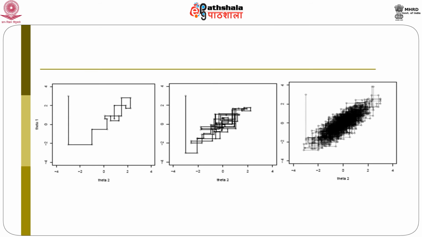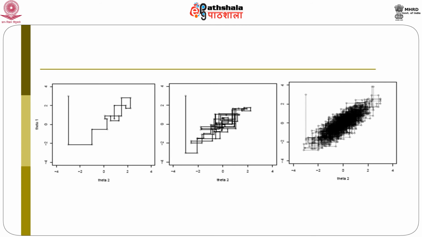Later on it forgets where it started. So, if you delete the first 50 or 100 or say 500 observations, then it gives you generated observations which forget where they started. There is no effect of the initial value.